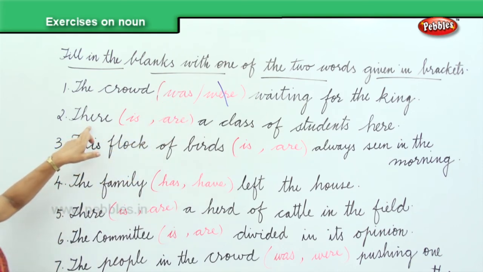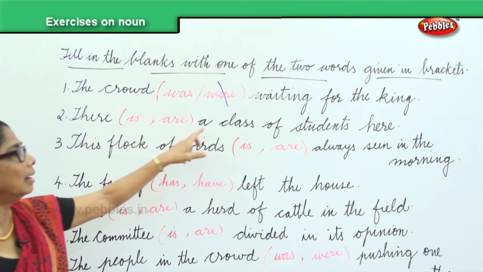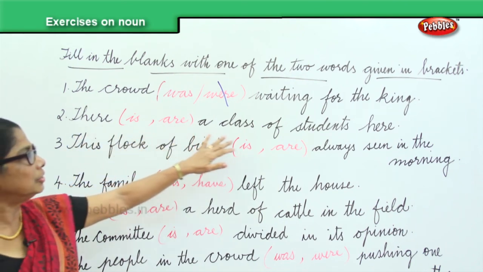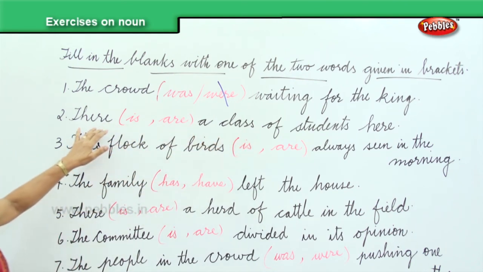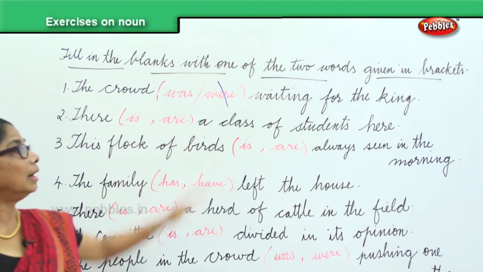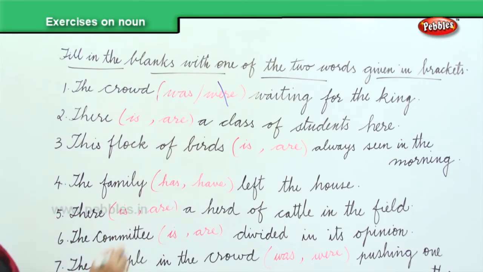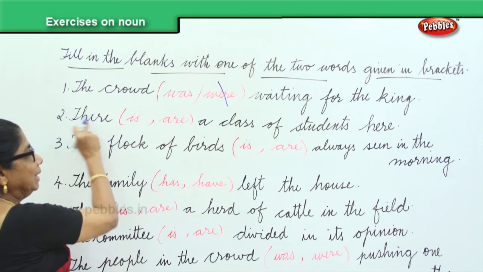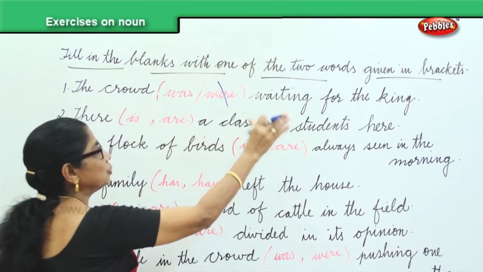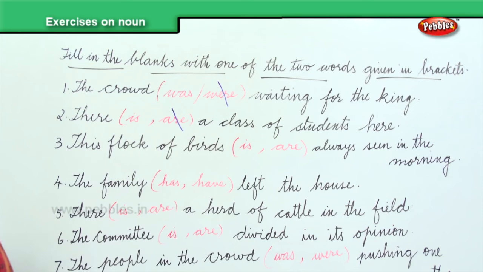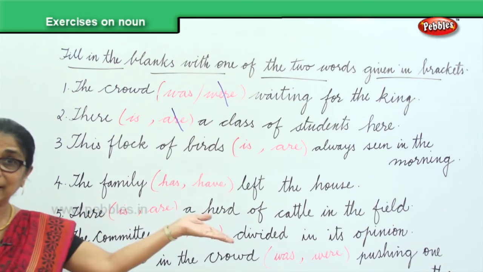Now, there are a class of students here, or there is a class of students here. So what will you say? There is a class of students here. So you do not say are.